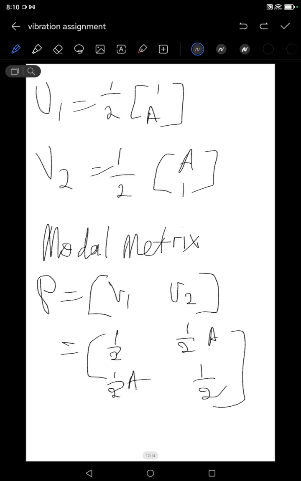You just swap these two values. The other one is going to be negative, the other one is going to be positive. Just swap them to get the P to the power of T. So let's say this one was negative, we just change this negative to this one. It's just the inverse.